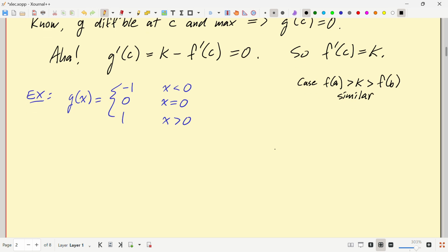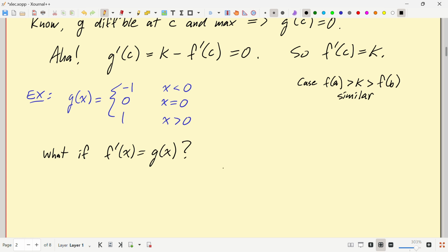And you ask yourself, could I have a function, what if f prime of x was equal to g of x? Well, it turns out there can be no such function that has that property on the whole interval, including 0. It would violate Darboux because that function is minus 1 to the left and plus 1 to the right.